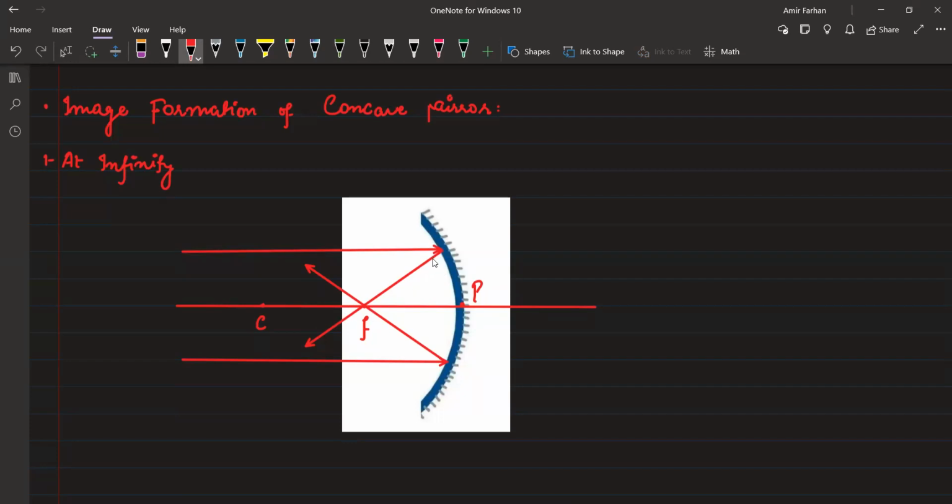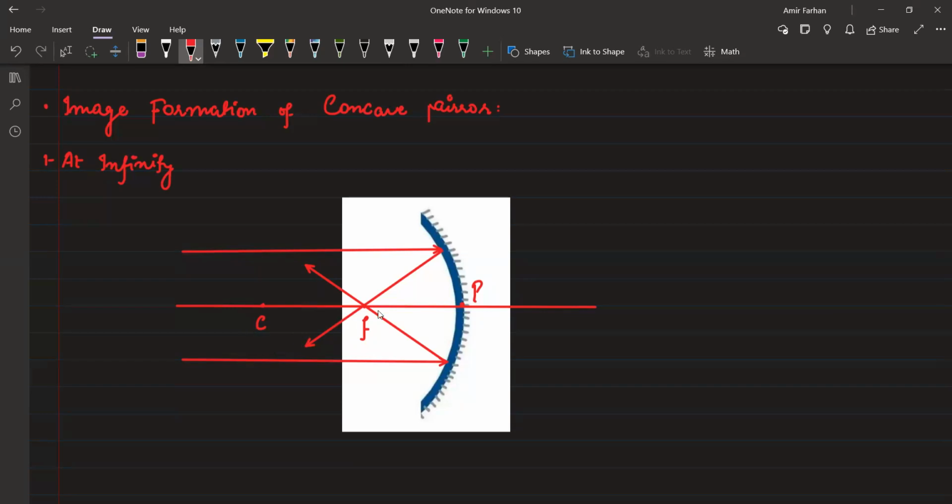So whenever your object is at infinity, the ray will reflect at the focus point. Clear? So one ray coming from the object is focused. Another ray from that same object will also be parallel, because the object is at infinity. So all the rays coming from that object will be parallel. So we need only two rays, and I have taken both the rays. Yes or no?